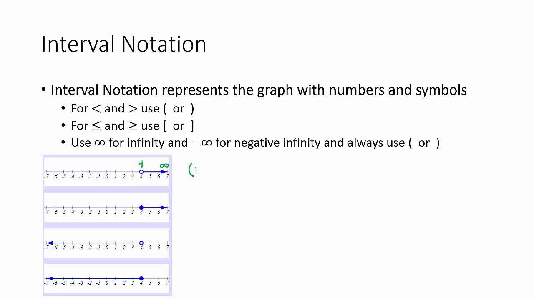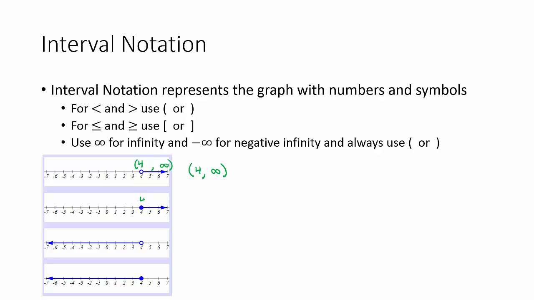We'll use a curved bracket at 4, comma, and it goes all the way to the right to infinity. And this tells us the graph goes from 4 to infinity, and it's an open dot because of the curved parentheses. So curved parentheses for the 4, comma, infinity. We can kind of see it right on the graph.